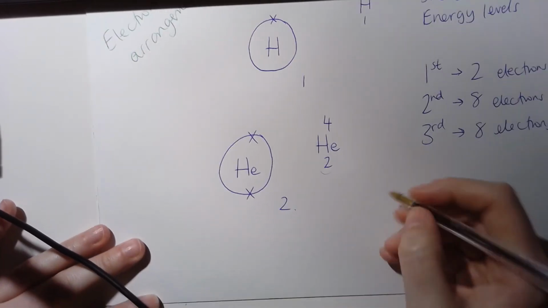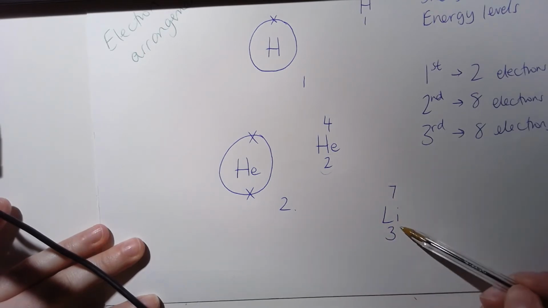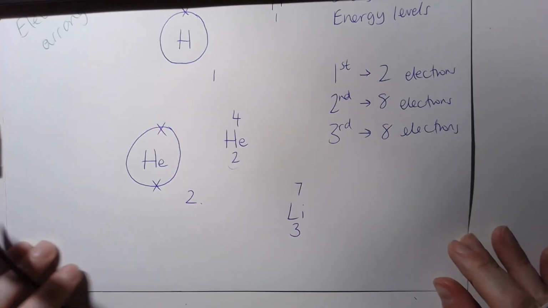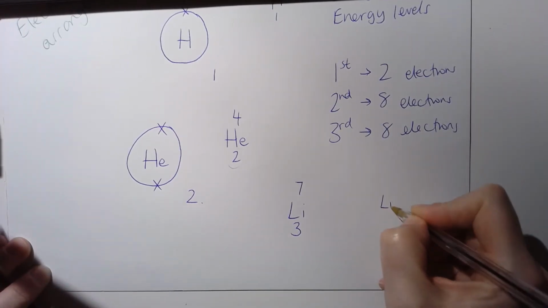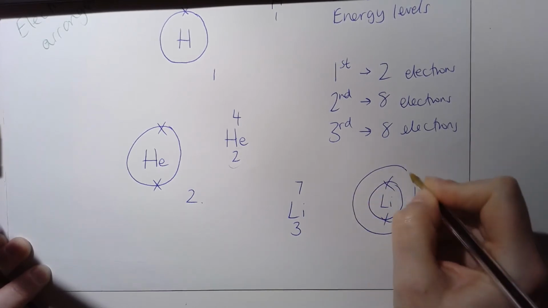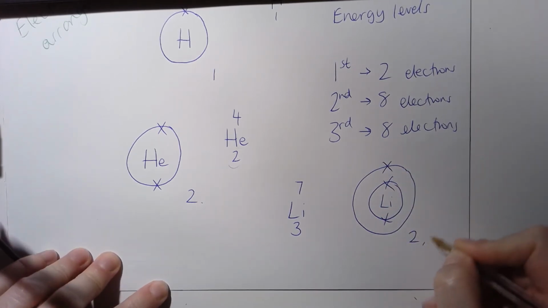If we think of lithium, which is 7 and 3, the one we looked at last time, it has 3 electrons, which means I'm going to have another shell. So in the first shell, it will have 2 because it's filled up, or full up. It will then have to have another shell with another 1. Okay, so I've then got 2 and I've got 1.